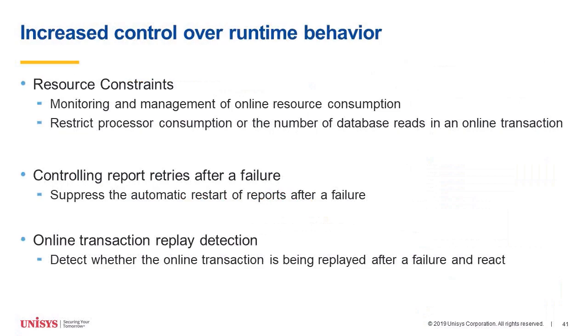Similarly, the GOB status gives you the understanding that the report has failed, and you can choose to take a different sort of action than the standard default action of restarting. You may want to take something offline and do some type of manual repair or investigation before the report just starts up again. This gives you the ability to control doing that.